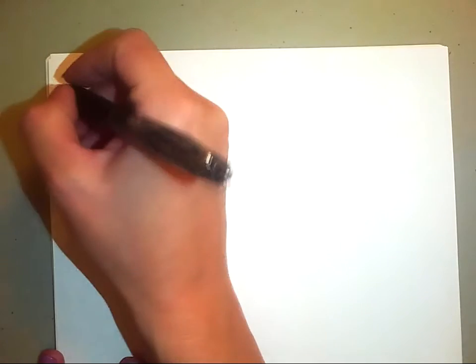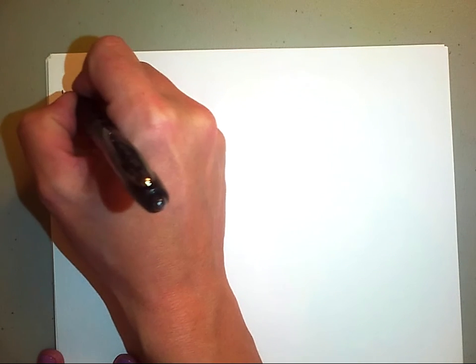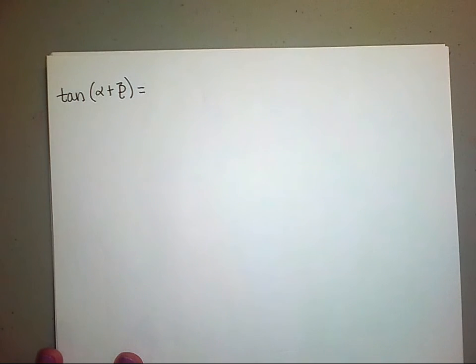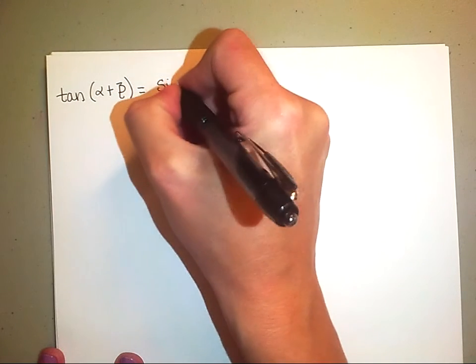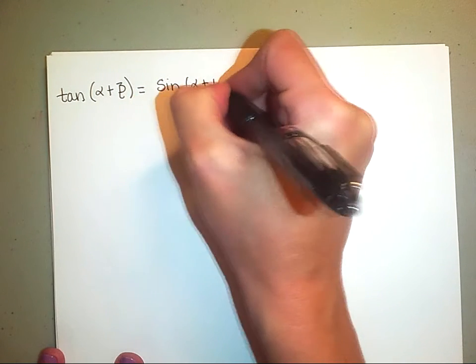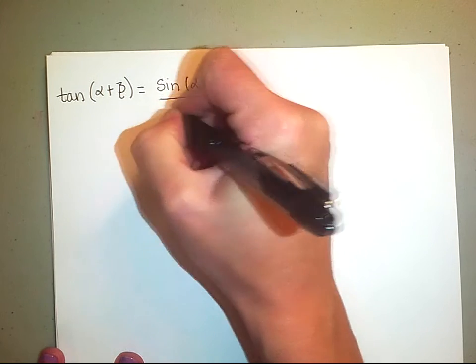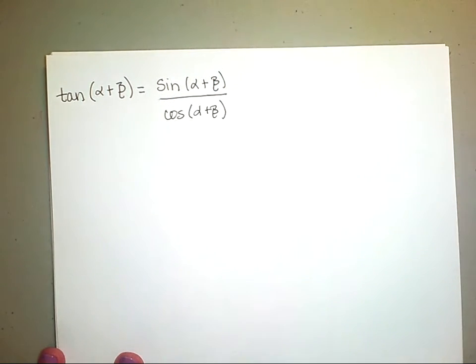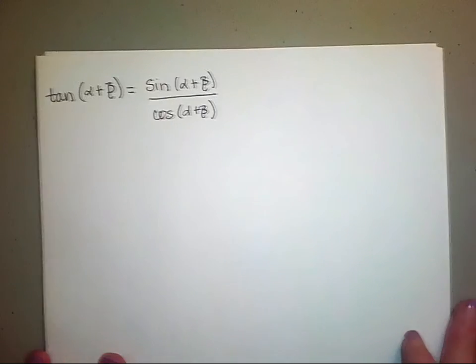Now, tangent is also one of our big angles, so we need to also find that. So let's find the tangent of alpha plus beta. Now remember that that's going to be the sine of alpha plus beta over the cosine of alpha plus beta.